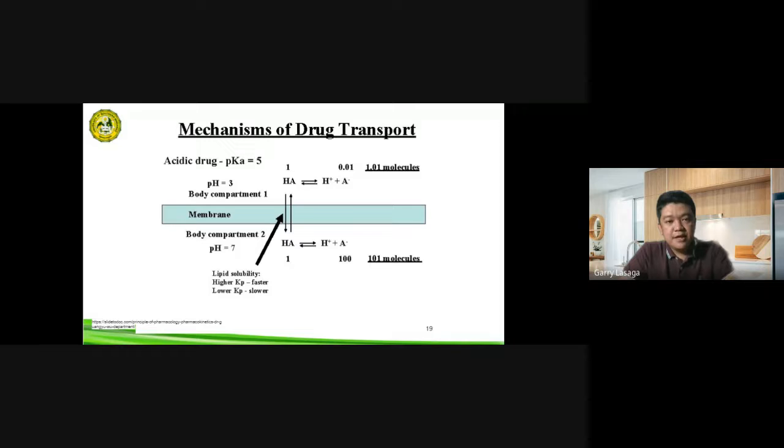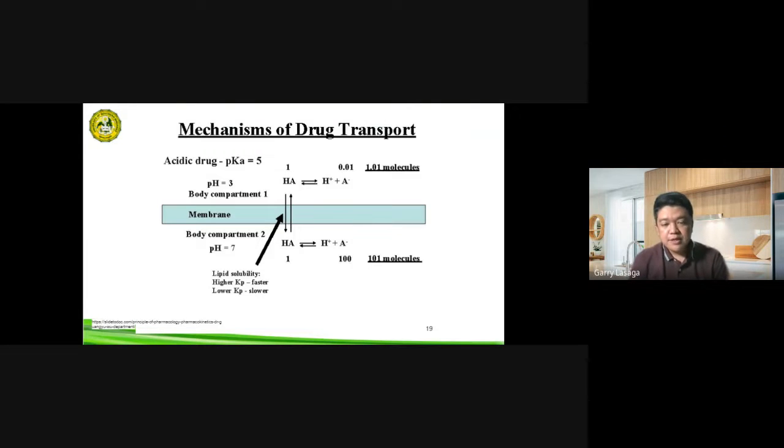That is the pH of the environment where the proportion of the ionized and the unionized form of the drug will be equal to 1. So that's it. If we put an acidic drug in an acidic environment, it will be absorbed. Acidic drug in a basic environment, it will not be absorbed. Basic to basic, it will be absorbed. Basic to acidic, it will not be absorbed or it will be trapped in the environment.